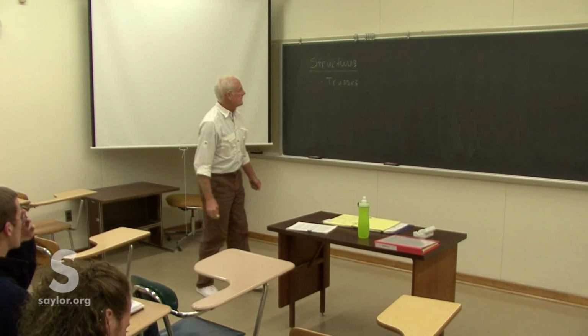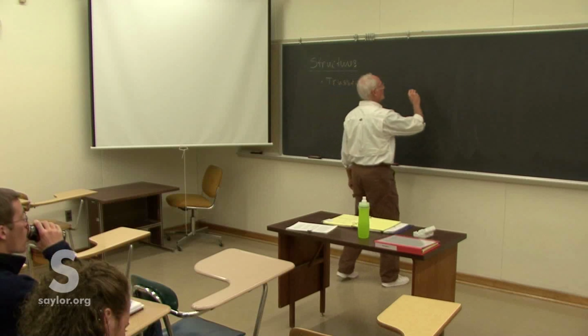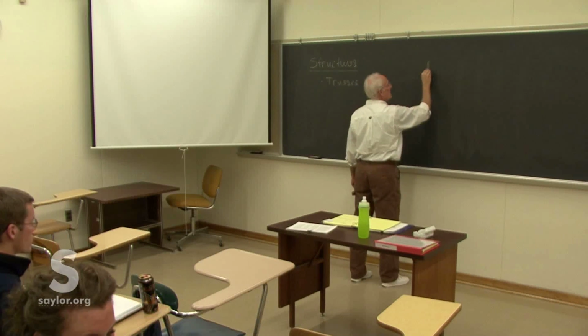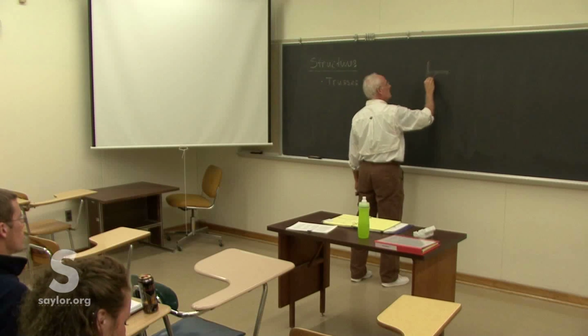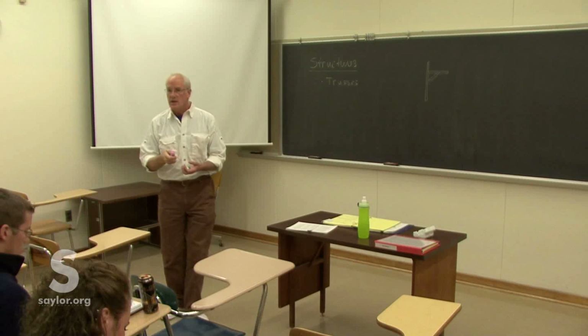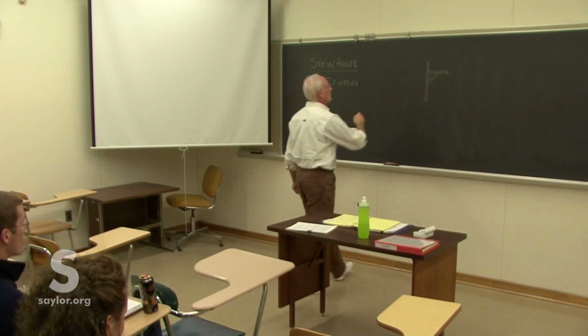These structures, what we've looked at so far when we looked at structures, and we've looked at lots of structures as we've gone through the class, what we've looked at so far is just what are the external forces.